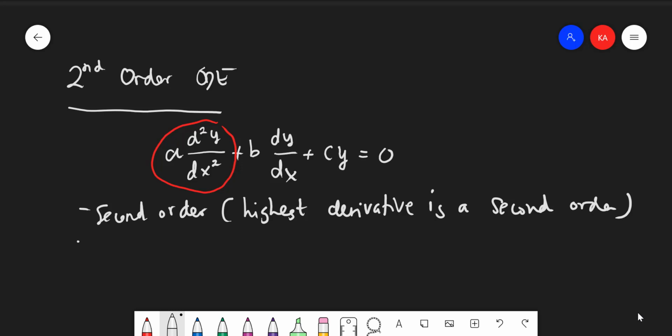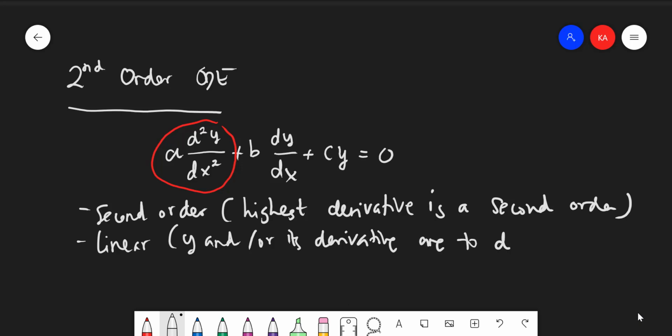and then this is linear because y and its derivative are degree 1.